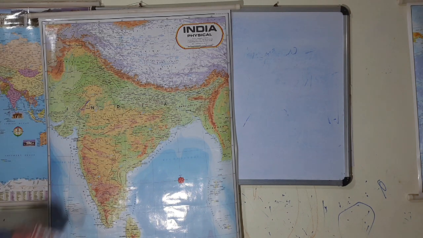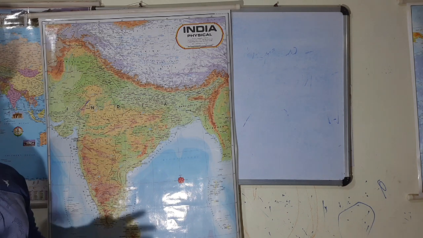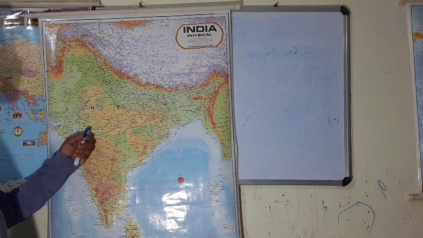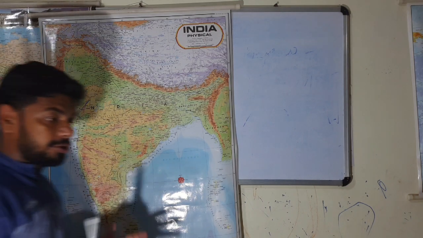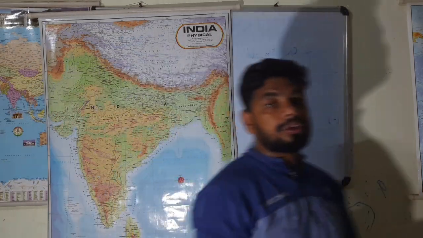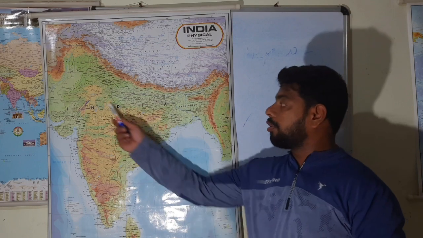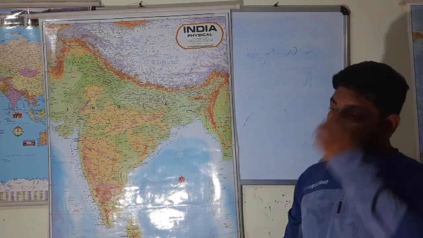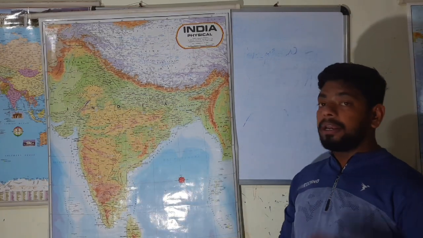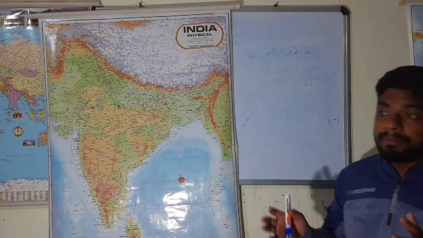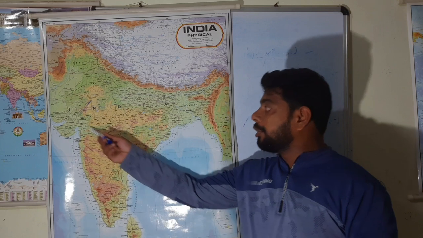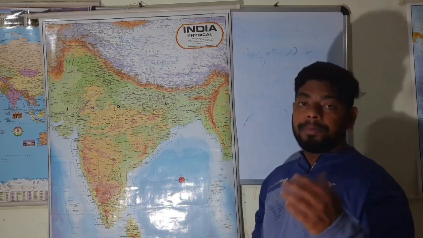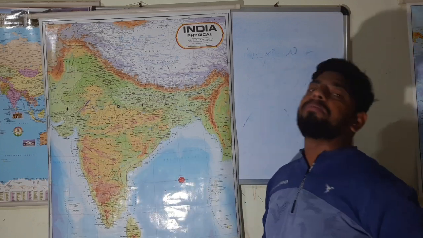Malwa plateaus, it is also well known for the depositions of black soil, and due to black soil, here it is mainly suitable for production of cotton. Right? And as I told earlier, mainly the plateaus are deposited with huge minerals, mainly non-metallic minerals.